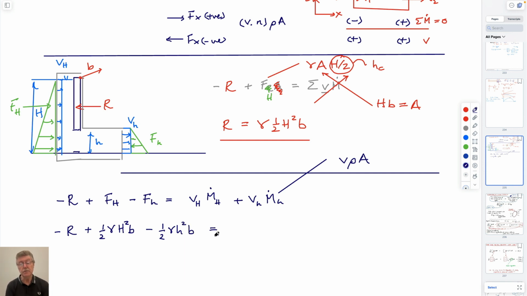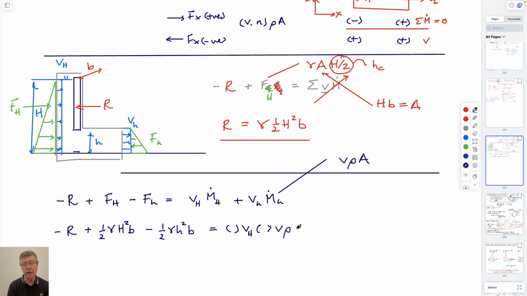And that is equal to the velocity. Let's write these terms out. So we'll have a velocity VH times a normal to the boundary velocity. How am I going to do that? Let's just do it as a mass flow rate, which would be a velocity times a density times an area.